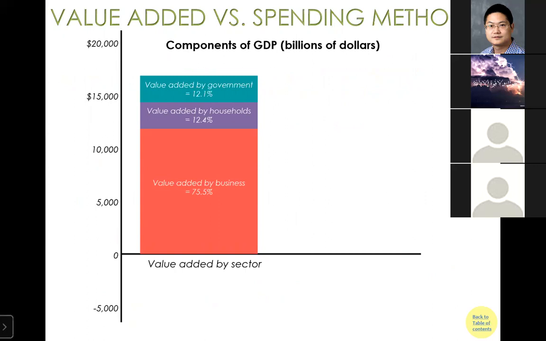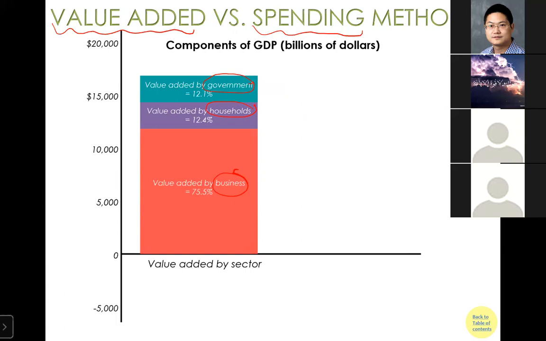Now we can look at US GDP by looking at value added versus spending. If we look at value added, we can look at three different sectors: value added by business on the bottom, value added by households in the middle, and finally value added by government. The biggest value added produced by government is national defense.